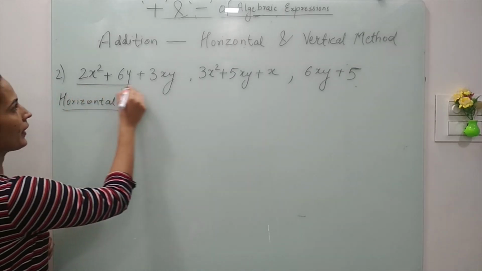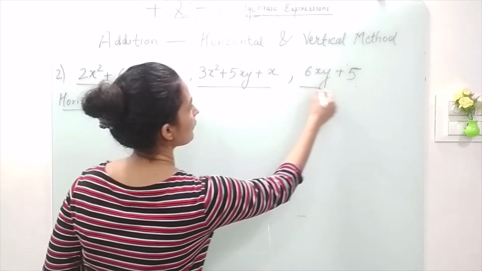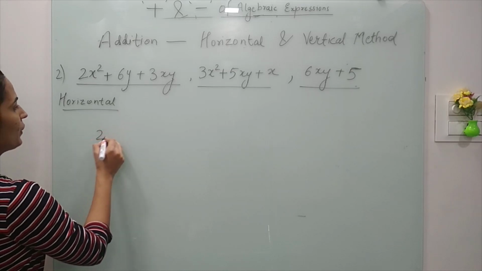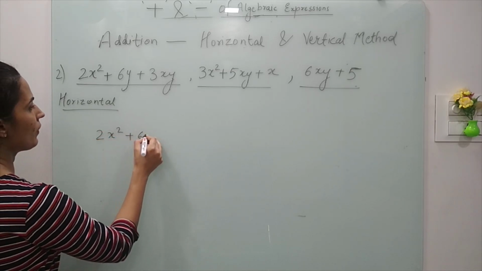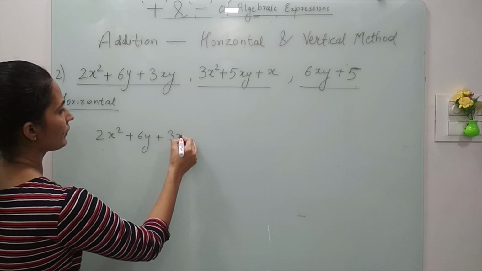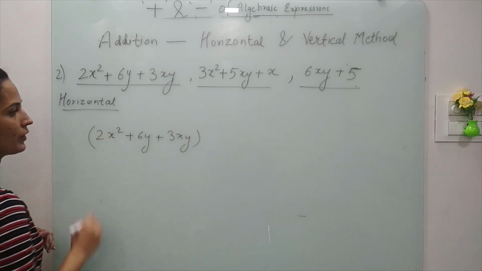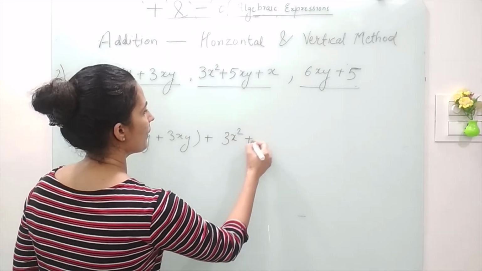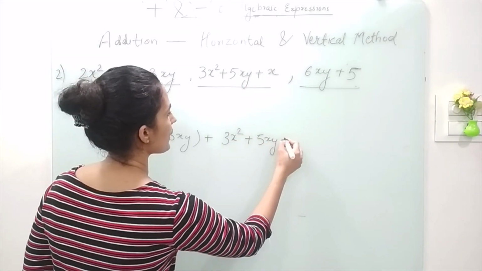Now here there are again 3 polynomials given and we have to add these 3. Let's see how we do it. 2x square plus 6y plus 3xy. This is my first polynomial. I have to add this to 3x square plus 5xy plus x.